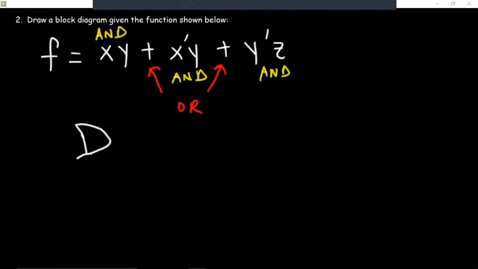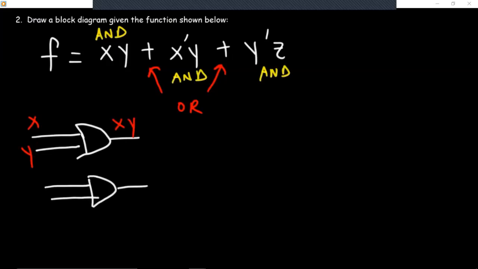So this is going to be the first AND gate. And we're going to put x and y together. And so that will give us the output xy. And then we're going to use another AND gate, and we're going to have the inputs x prime y. And then another one.